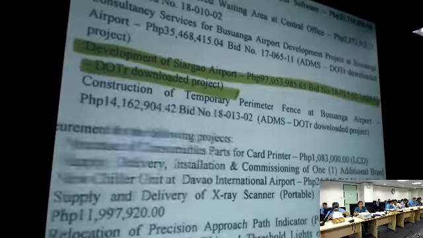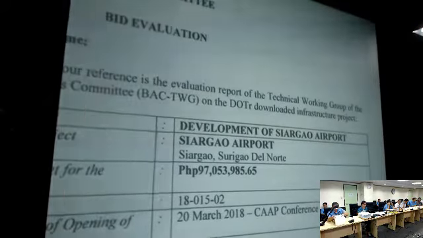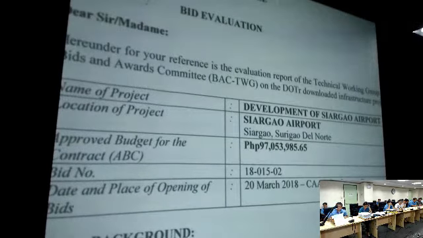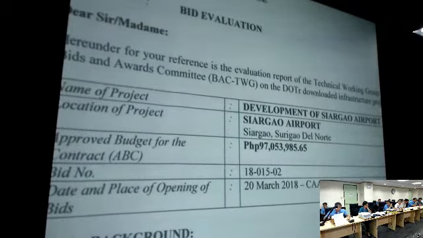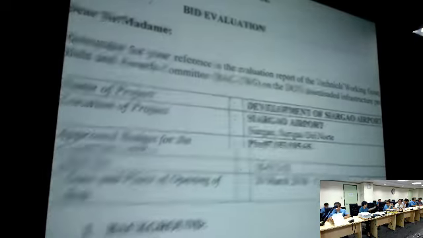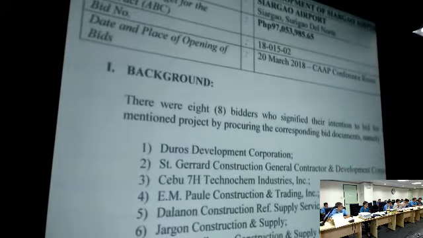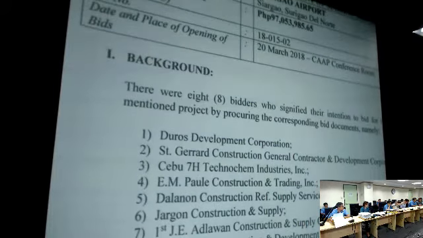Sir, next is the project for the development of Siargao Airport. This is one of the downloaded projects of the DOTR, and the project was procured last March 20, 2018. There were 8 bidders who signified their intention to bid.